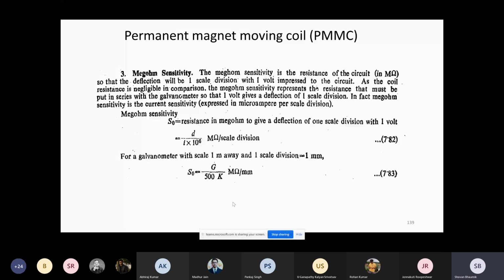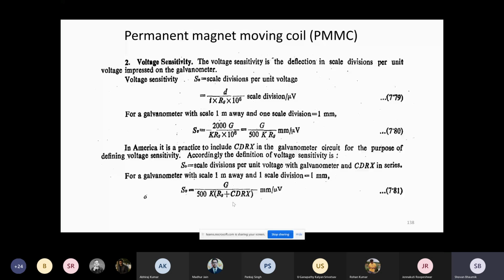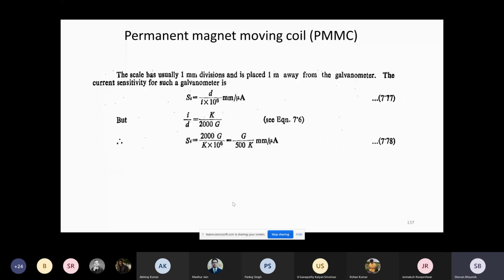So whatever be the case, you always see that you are getting something G by K. Whether it is voltage sensitivity, current sensitivity, or megohm sensitivity, to get a more sensitive instrument you need to increase the value of G. Whatever the sensitivity, it is always the G by K ratio.